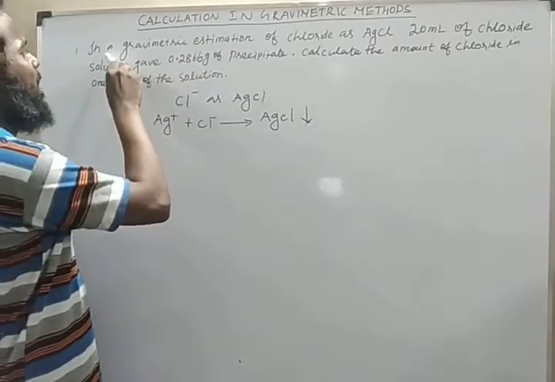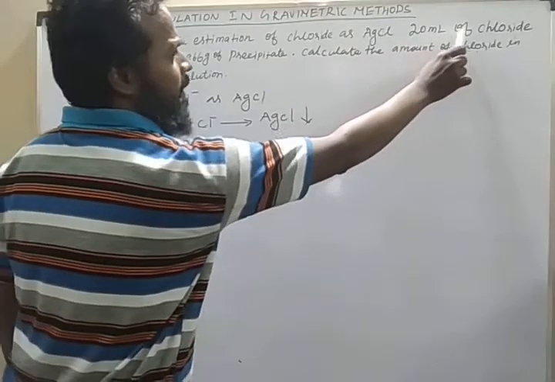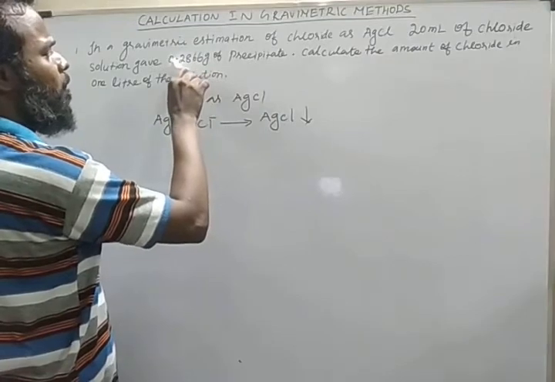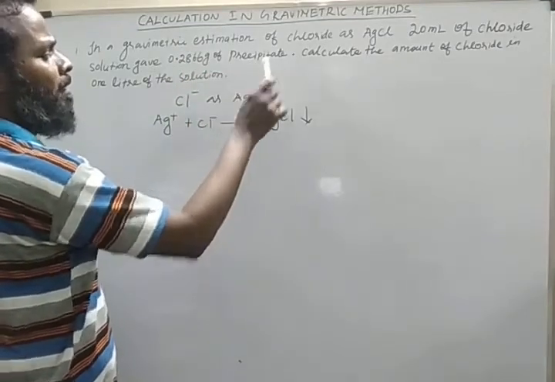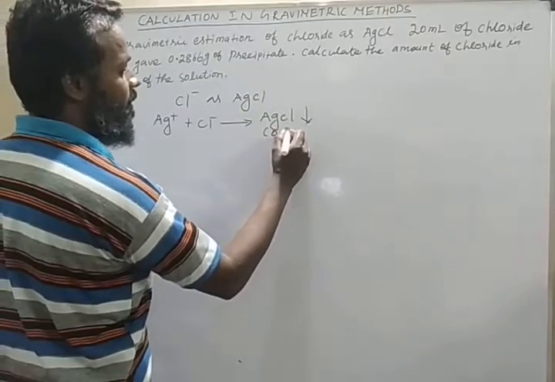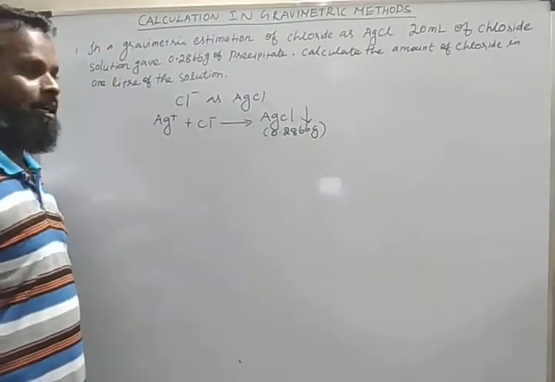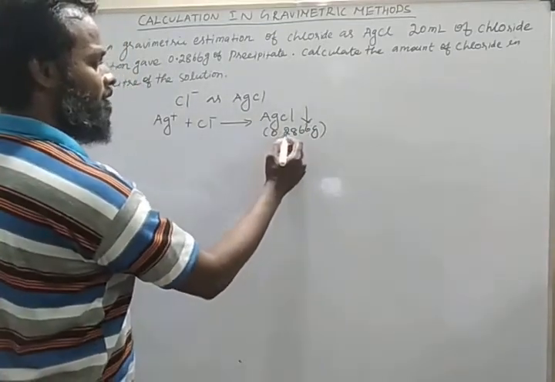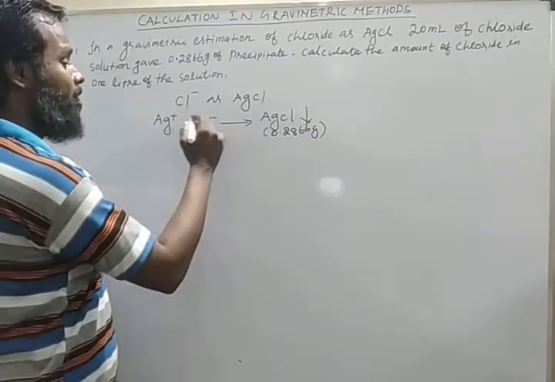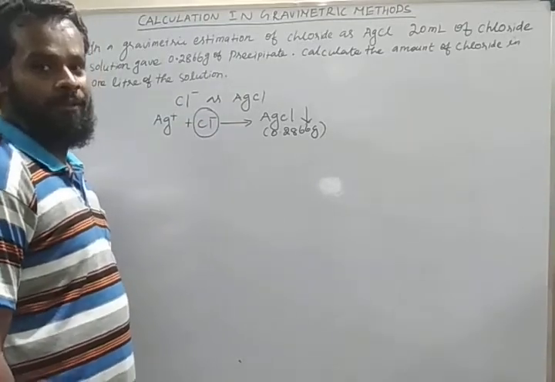In the problem they are given, in this estimation, the 20 ml of chloride solution gave 0.2866 gram of the precipitate. The amount of precipitate formed as 0.2866 gram means what is the amount of the chloride present in the solution.